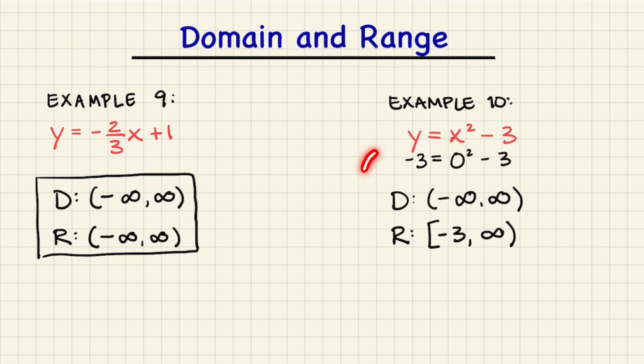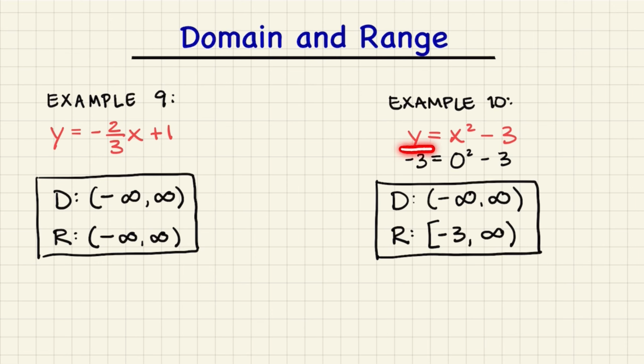So there is no highest number that we can get for y either. Since there's no highest value, infinity is our second part of the interval. And that is the domain and range of y equals x squared minus 3.